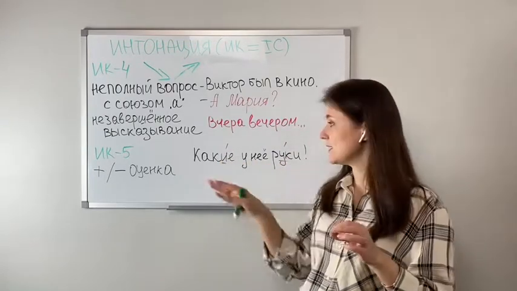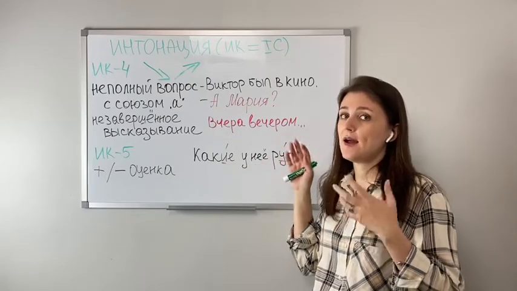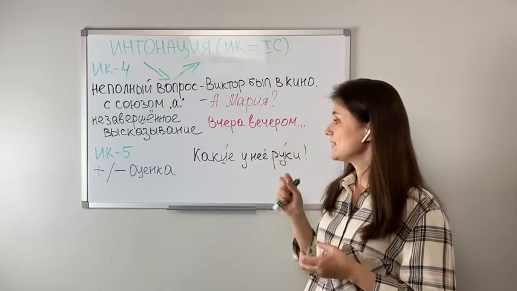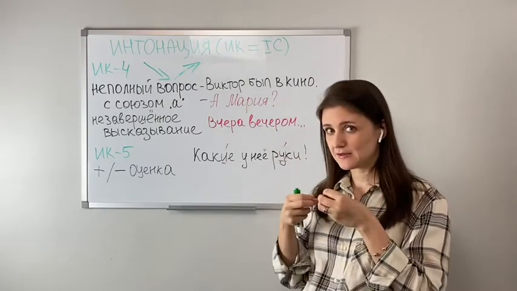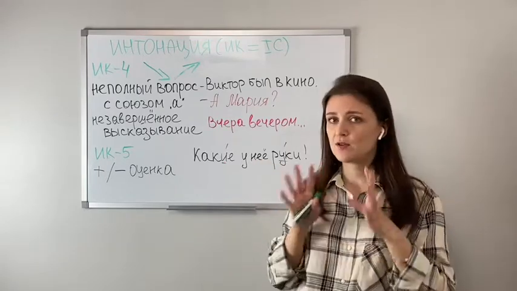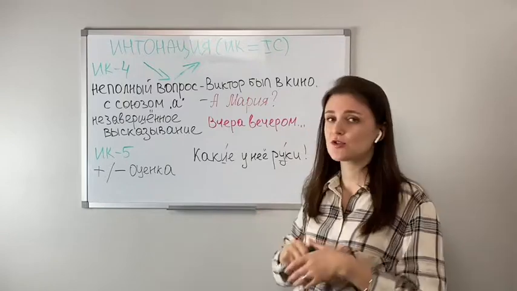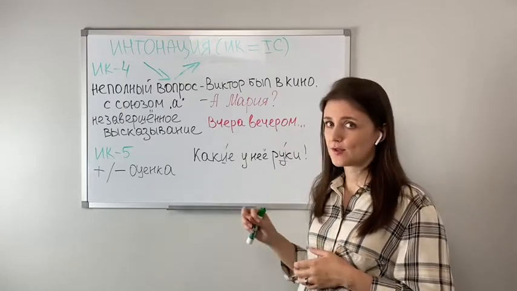Literally it means she has hands. That means that she has good hands, if we literally translate, but the meaning is that she does everything very well, whatever she takes, whatever she starts, any action she does in a perfect way.